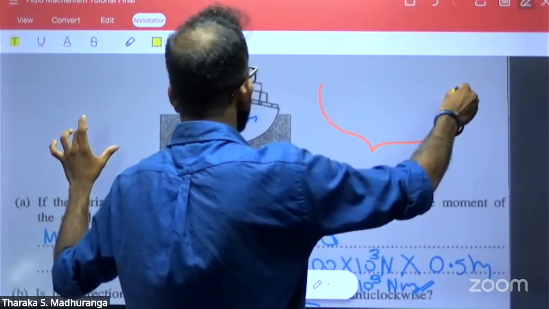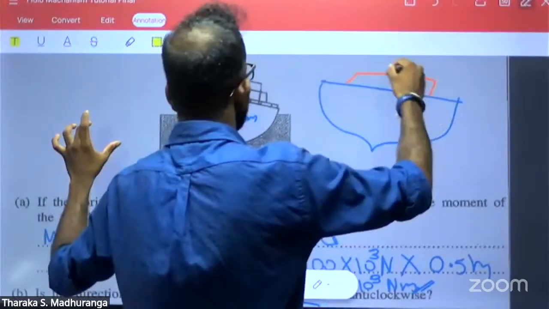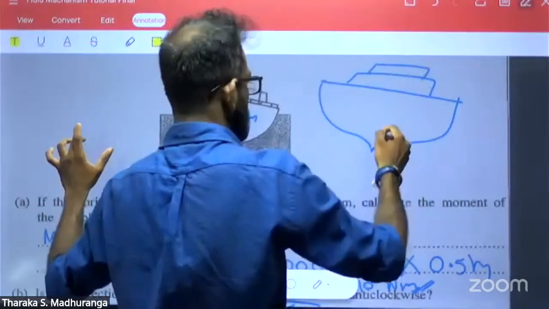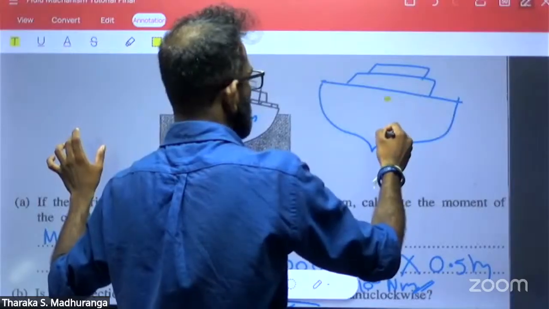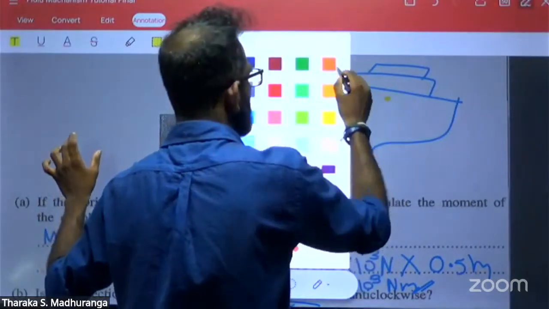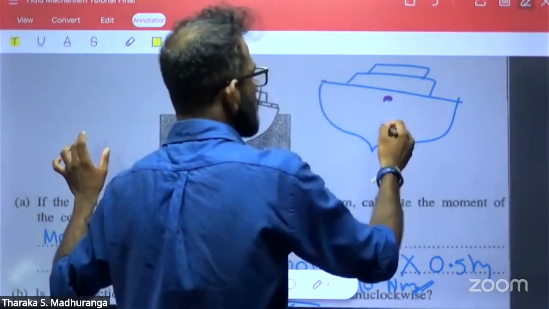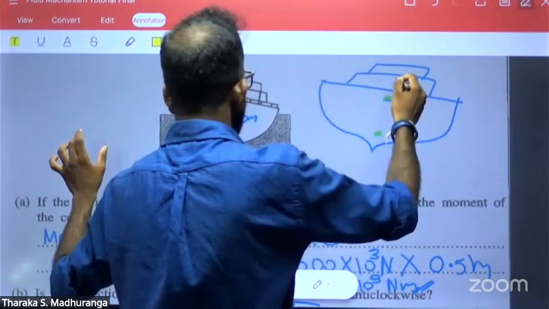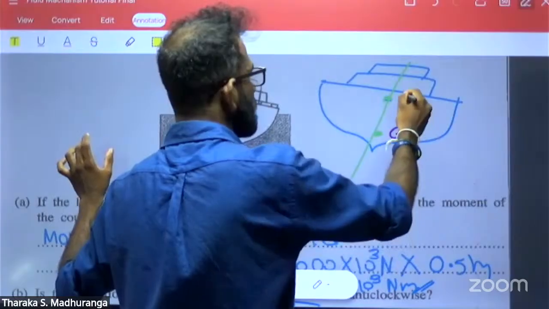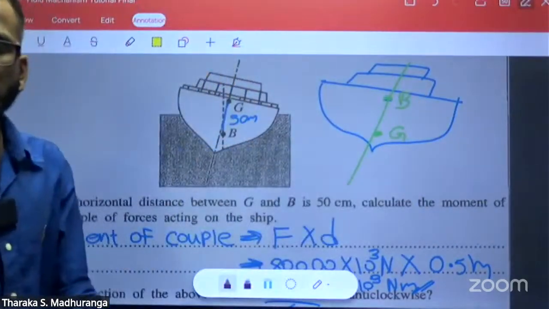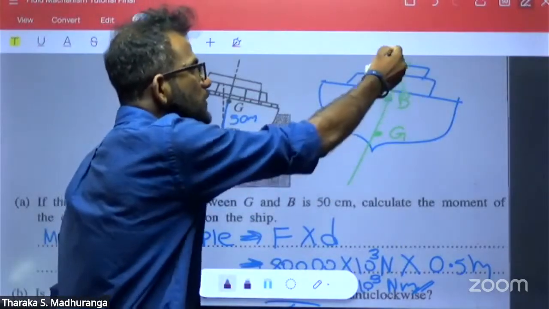Think this is a ship and it is rotating, with this gravitational point and this buoyancy point. It becomes stable again. It turns into the correct way and is stable.